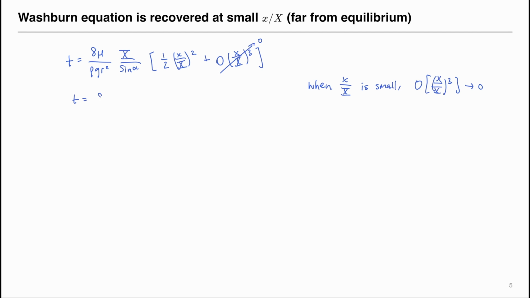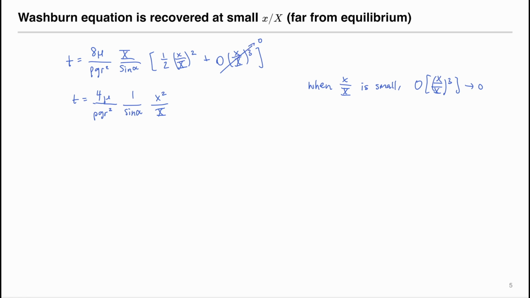So we can write it as all the constants, sine alpha, oh, and then inside we have 1/2, so the 8 goes to 4. And then we have small x at the top squared divided by big X squared, but this one x cancels out. We have this thing goes to 1 and leaving a big X at the bottom.